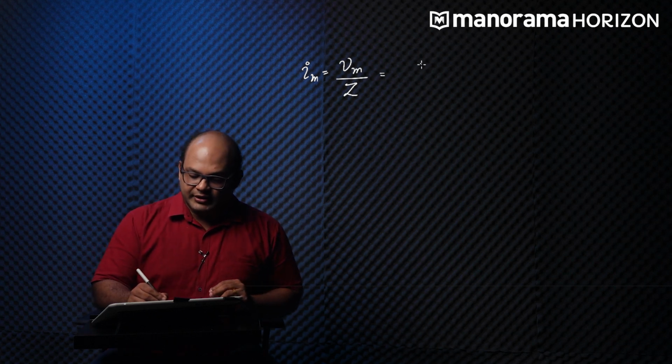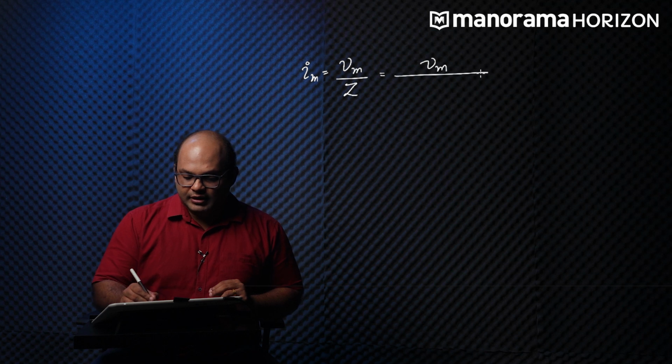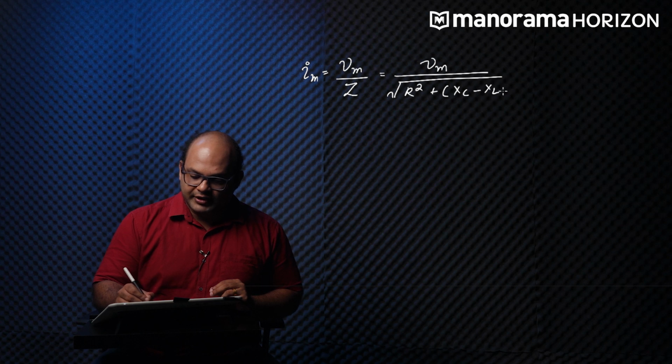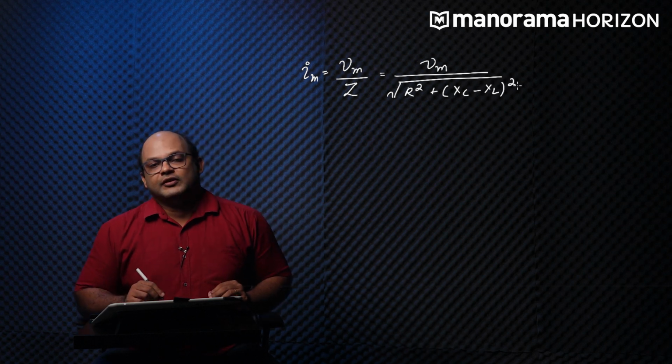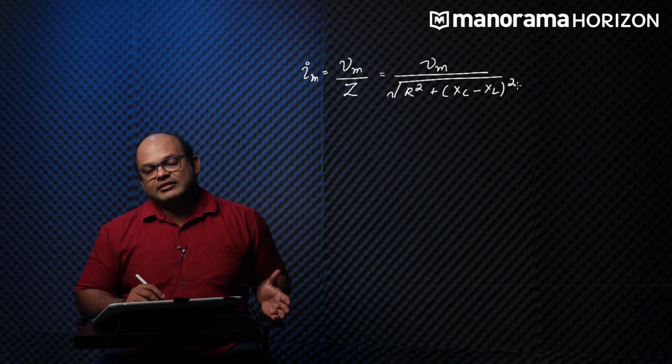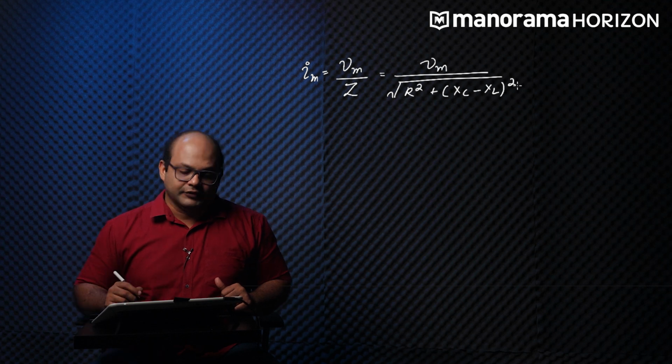Mathematically, we can define this as Vm divided by the square root of R squared plus (Xc minus XL) whole squared, where Xc is the capacitive reactance and XL is the inductive reactance.